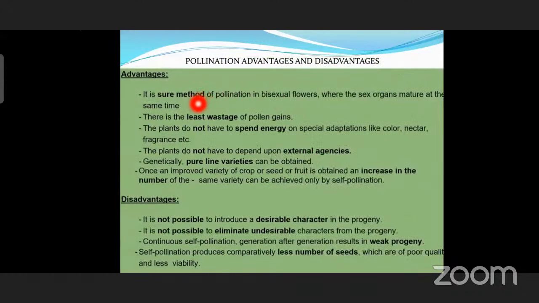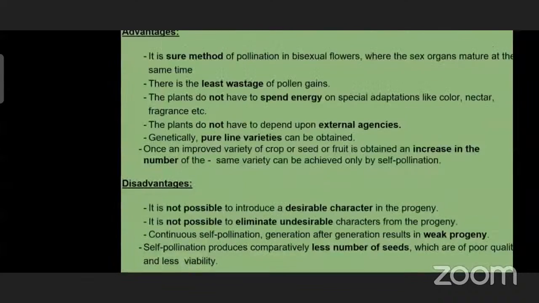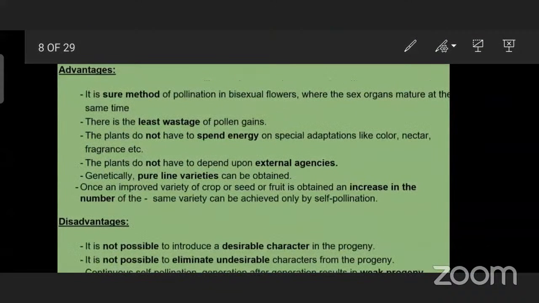So see here, the advantages and disadvantages of self-pollination. Some advantages are there. The first advantage, it is a sure method of pollination in bisexual flowers where the male and female sex organs mature at the same time, and there is least wastage of pollen grains.